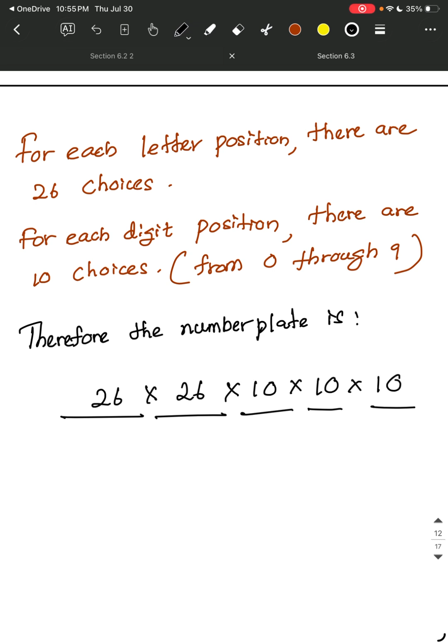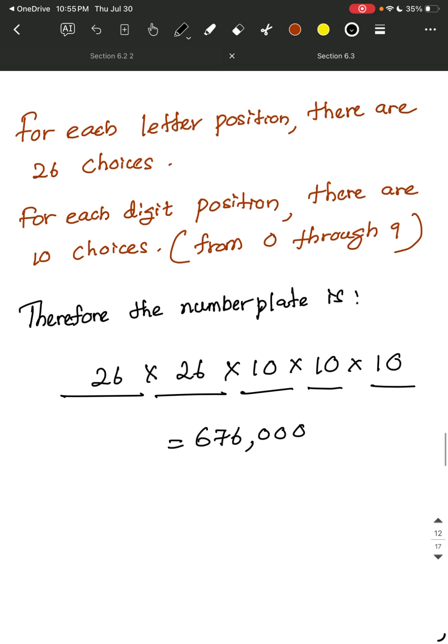So 676,000 different license plates are possible.